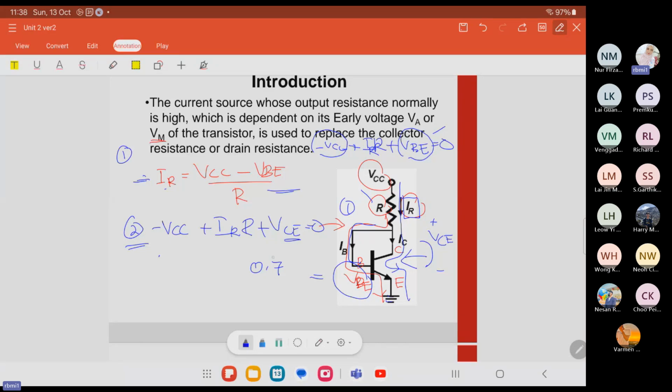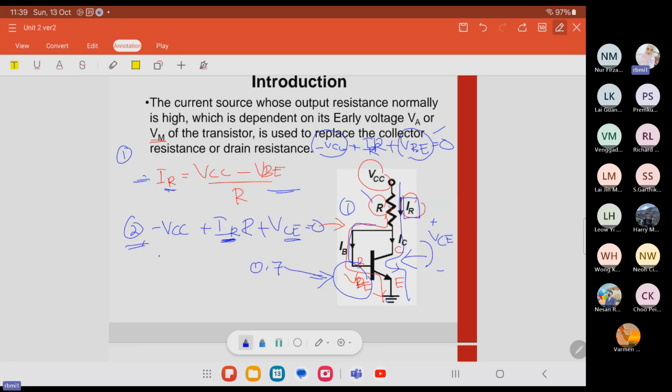It is not 0.7; 0.7 is for VBE. So IR is also a second unknown that we do not have the value for. So we cannot use equation number 2. It is easier to use equation number 1, unless we have the value of IR, then we can use this one.